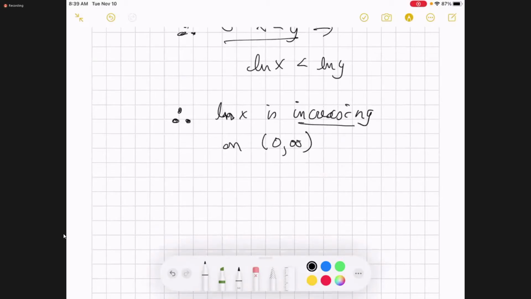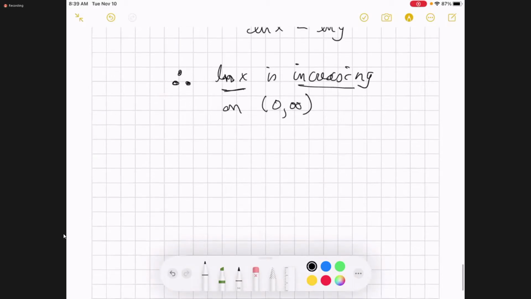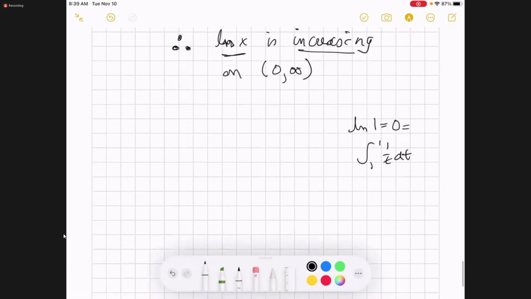We can start drawing a graph of this new function. Okay, we know very little. ln of 1 is 0 because it is the integral from 1 to 1 of 1 over t dt. We know if x is less than y and both are greater than 0, ln of x is less than ln of y.